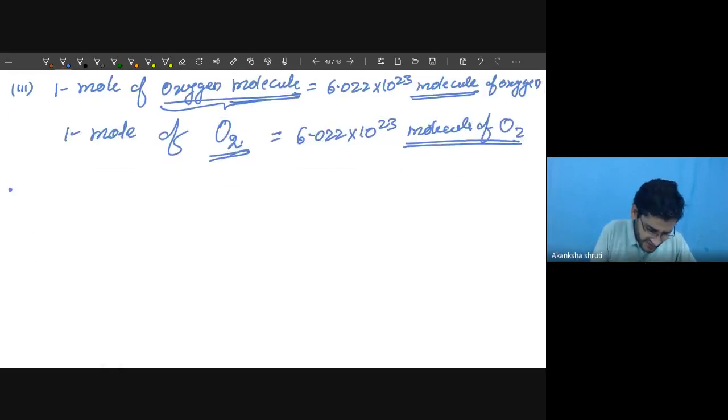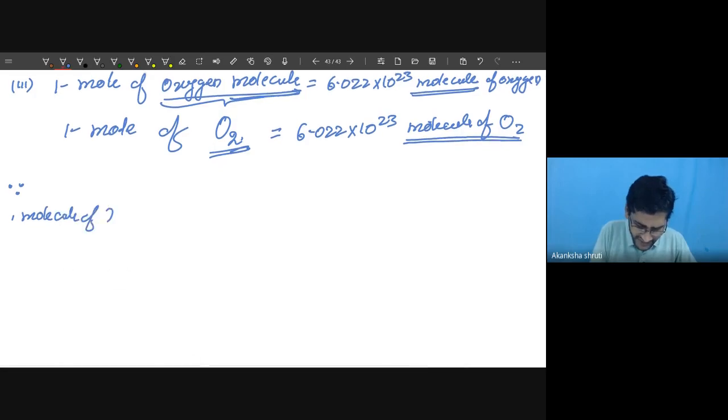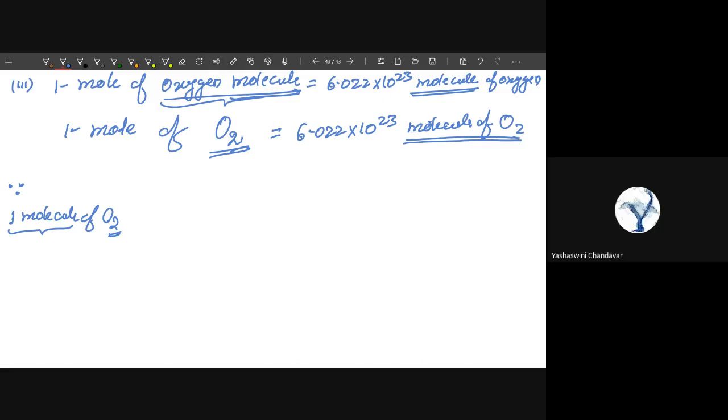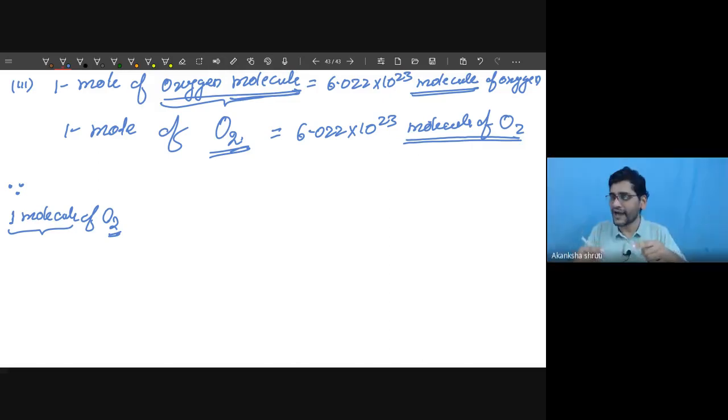We know that 1 molecule of oxygen means how many atoms of oxygen, student? This we had learned earlier. 1 molecule contains how many oxygen atoms? Molecule is always formed by combination of atoms, and how many atoms have combined, it is written as the suffix, so it is the 2.